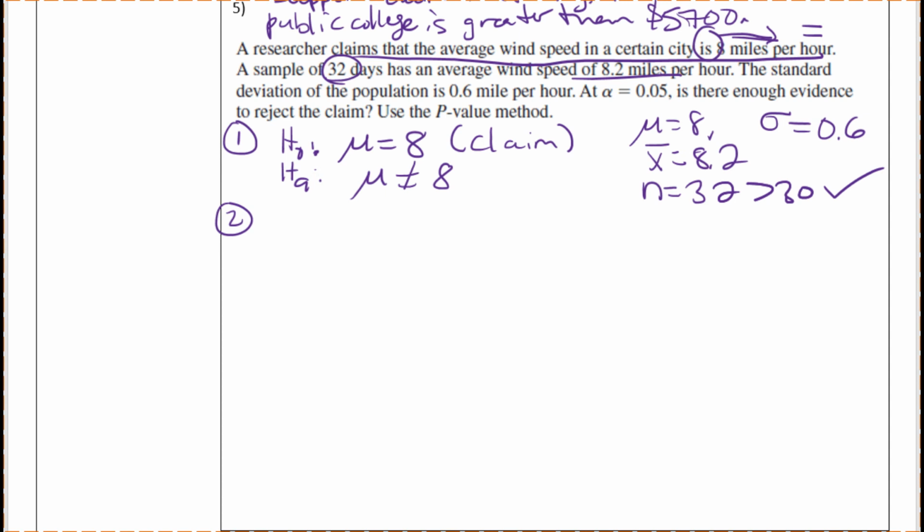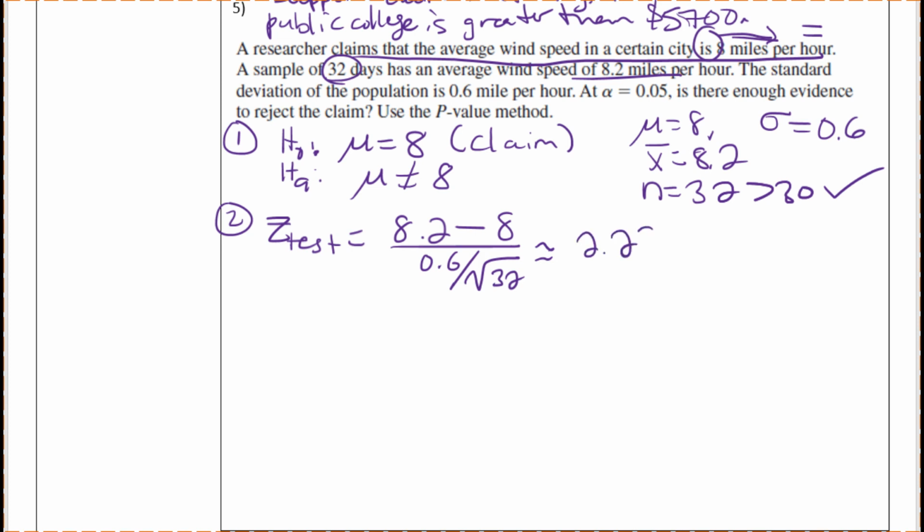So the second step is calculate your z-test. We have 8.2, x bar minus mu, divided by sigma over square root of n. When we calculate that, we get 2.28 as our test value.